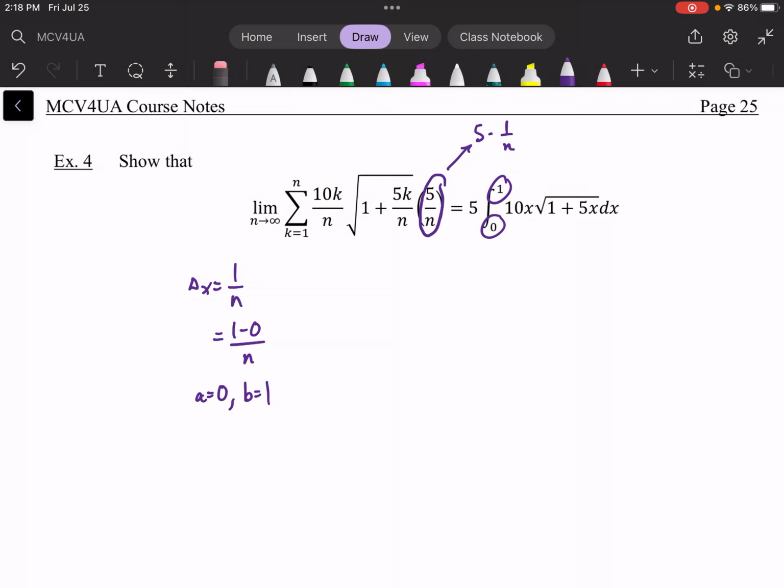So now that means this 1 plus 5k over n turns out to be 1 plus 5k times the change in x, and this 10k over n turns out to be 10k times our change in x.